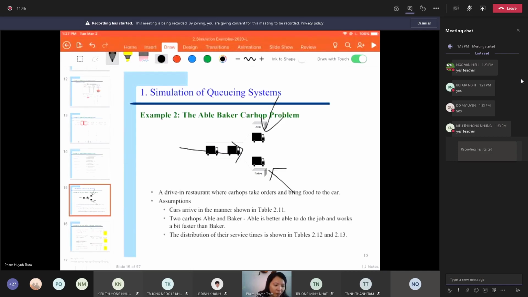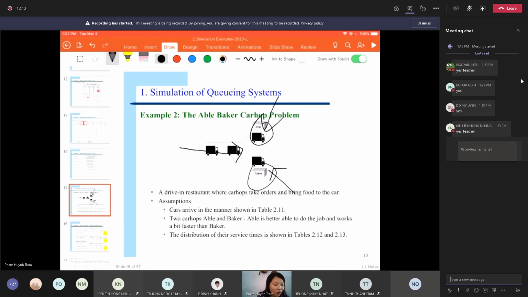We call them Able and Baker. Let's say this happens in a drive-through restaurant like McDonald's, where the car arrives, and then we have the car hosts named Able and Baker, and they will bring the food to the car driver.